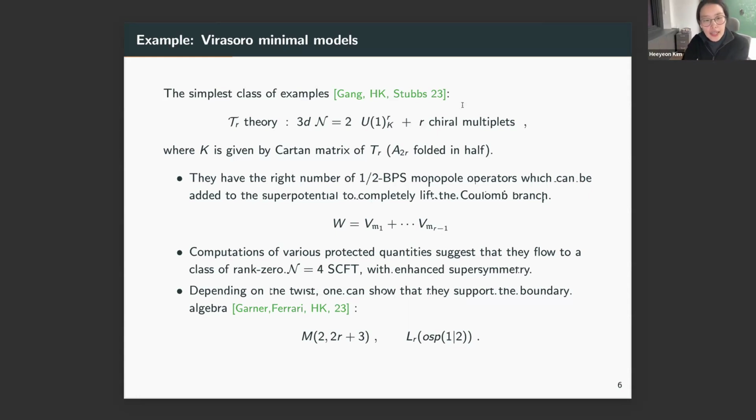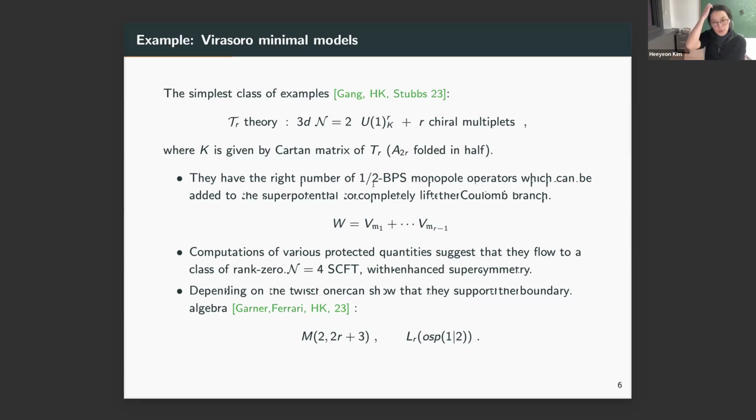You can check that this theory has just the right number of top BPS monopole operators. So you can add to this potential to completely leave the Coulomb branch. There are exactly R-1 monopole operators, so that the U(1)^R topological symmetry completely breaks down to the U(1) symmetry, which becomes a part of the R symmetry in the IR N=4 SCFT.